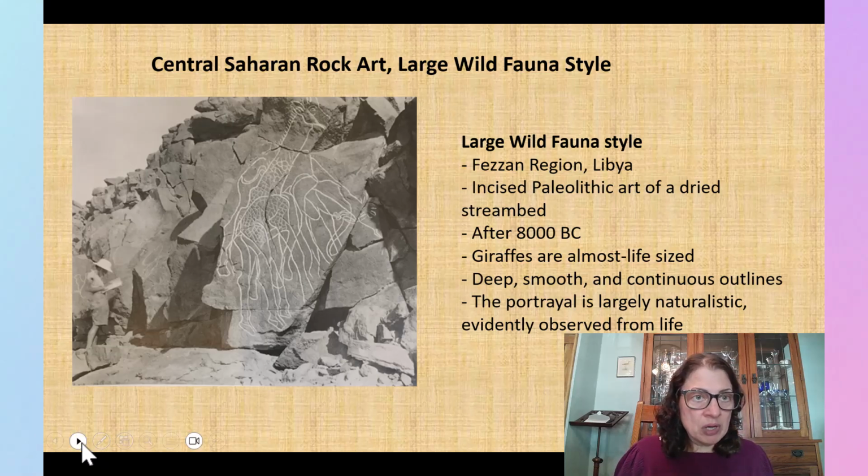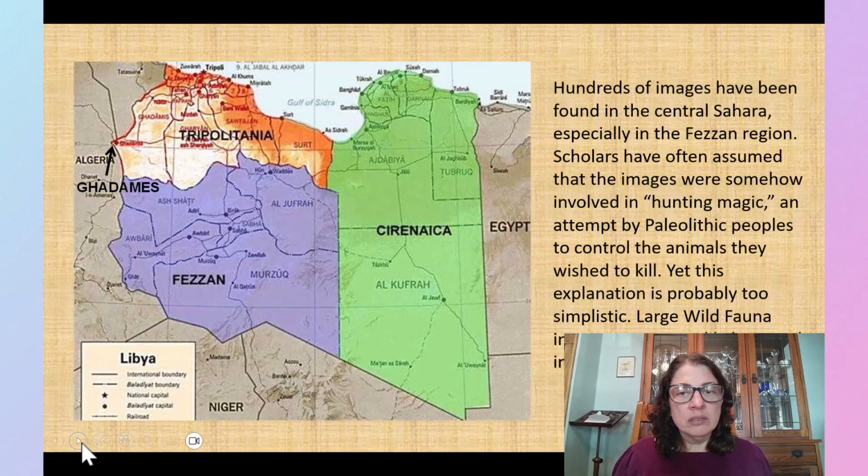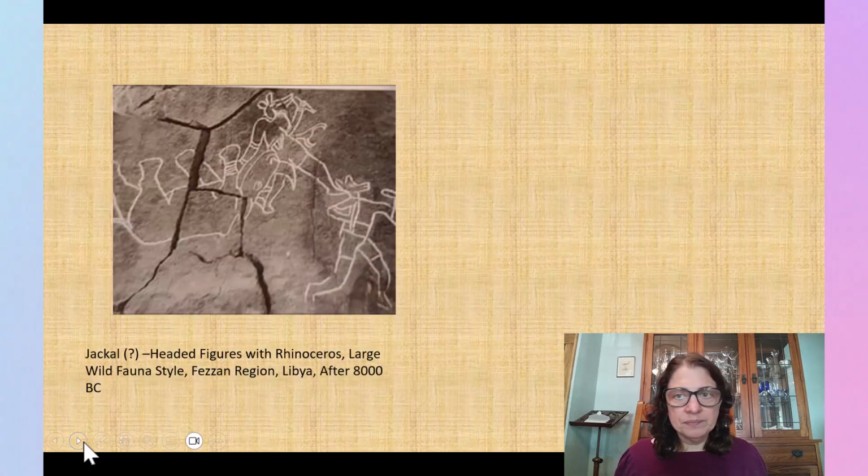So it could be marking that, or it could be something like hunting magic, where they are involved in a very early form of religion. But this is really probably way too simplistic for me to say. It's something that is, I'm sure, much more complex, but without a written language and very little information to go on, it's kind of hard to come up with a definitive answer.